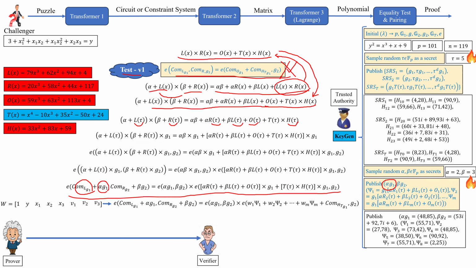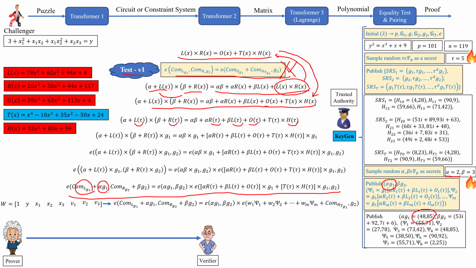The trusted authority knows G1 and knows alpha, so the trusted authority multiplies G1 by alpha, and you can use our website to ensure that the value alpha G1 is computed correctly. So this is a public parameter.